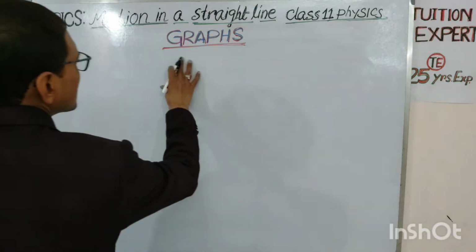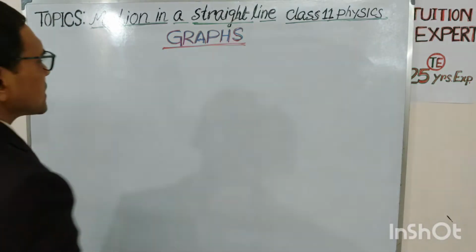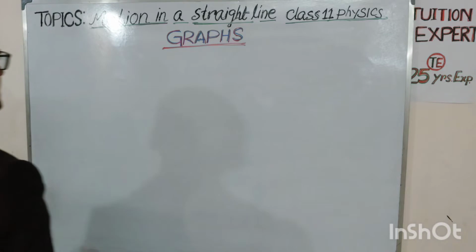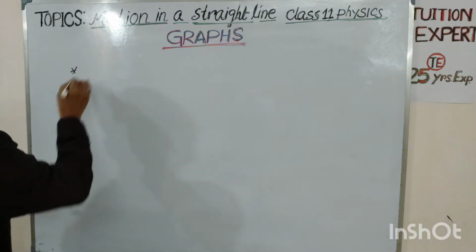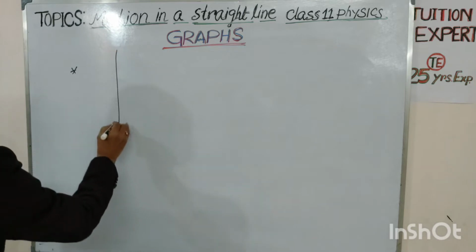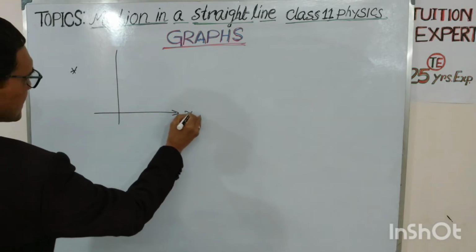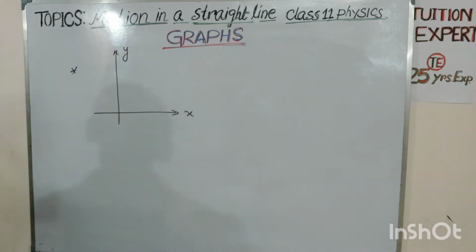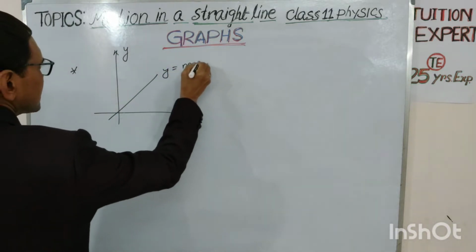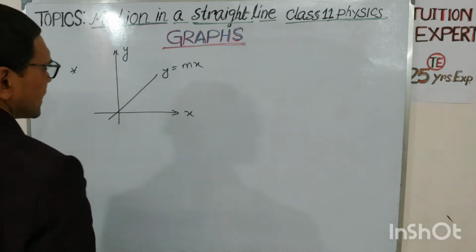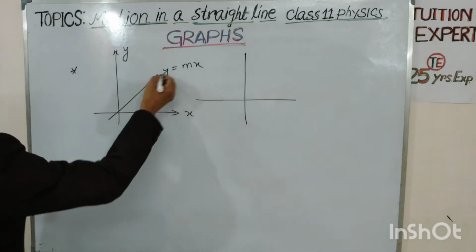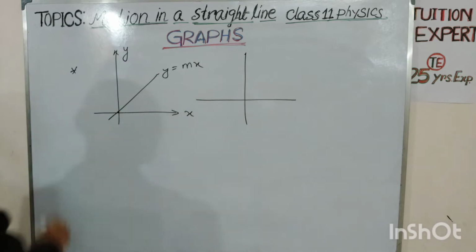Today I will discuss all the graphs related to kinematics in 1D, that is motion in a straight line. First, some basic graphs. Suppose this is the x-axis and this is the y-axis. Now y equal to mx, where m is the slope, is a straight line passing through the origin.